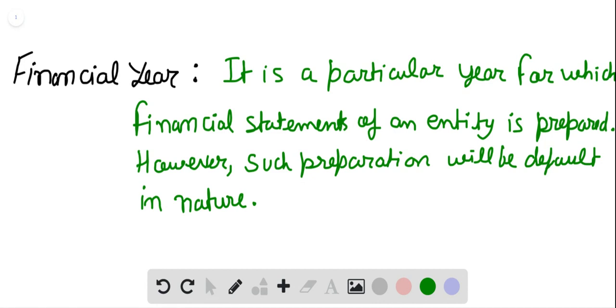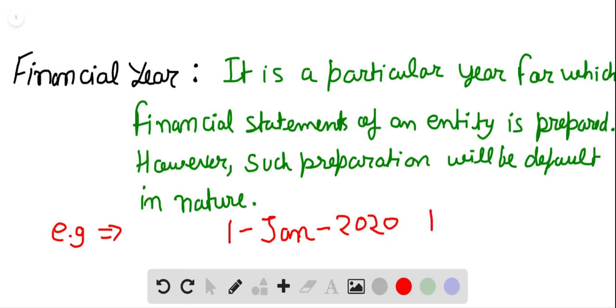Okay, so let's take an example also. From that, it will be more clearer to you. So let's say an entity, let's talk about the current financial year. So the current financial year is 1st January 2020 to 31st December 2020.